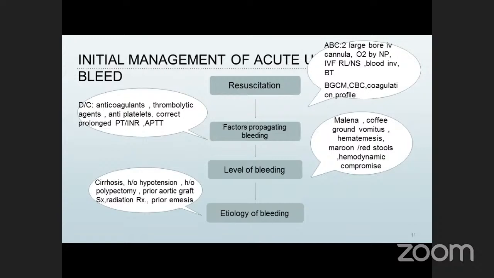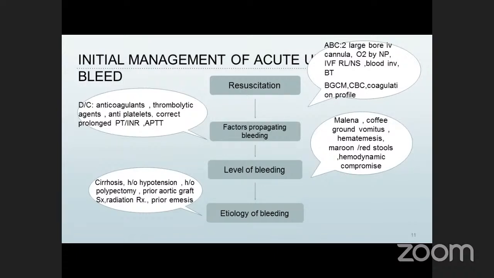Then secondly, control the factors which are propagating bleeding. Mostly such patients, elderly patients, must be already on anticoagulants, thrombolytic agents, or antiplatelets, and may come with deranged PT/INR or APTT. So in such cases, first of all, discontinue all these drugs and correct the parameters accordingly. If PT/INR is deranged, let's go ahead with FFP transfusion. If APTT is deranged, go ahead with protamine infusion as soon as possible.